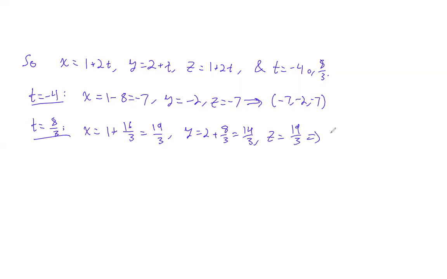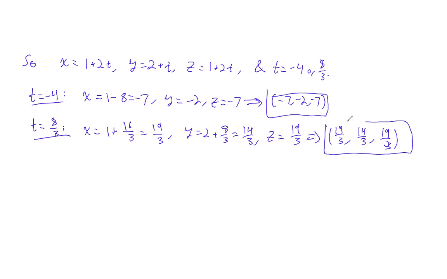So, which would give us 19/3, 14/3, 19/3. Oh, sorry, 19/3, not 19/13. A little overexcited with my keystrokes, or writing, whatever the case may be. So here are the 2 points where the normal line intersects this sphere.